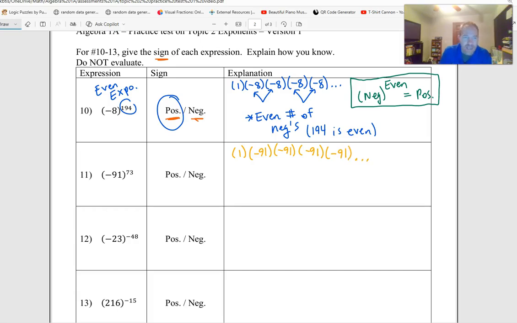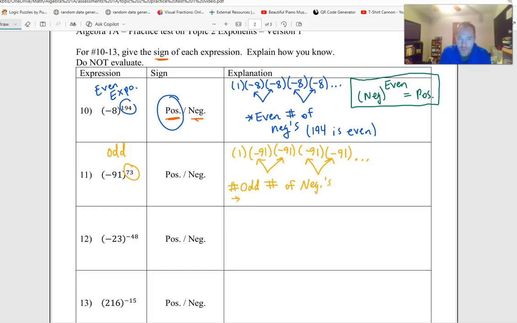But in this case, we have an odd exponent. So negative times negative is going to give you a positive. Another negative times negative is going to give you a positive. But because 73 is odd, there's going to be a negative left over. Odd exponent, odd number of negatives, and there's going to be a negative left over.